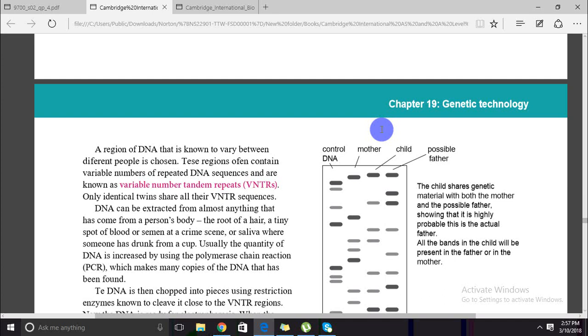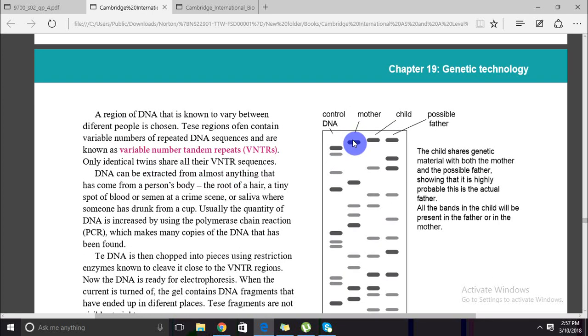And only identical twins share all of their VNTR sequences. You can share quite a few of your VNTR sequences with your parents, and even with a non-related person, some of your VNTR sequences might be the same, but it is impossible that all of your VNTR sequences are the same, except for your identical twin.